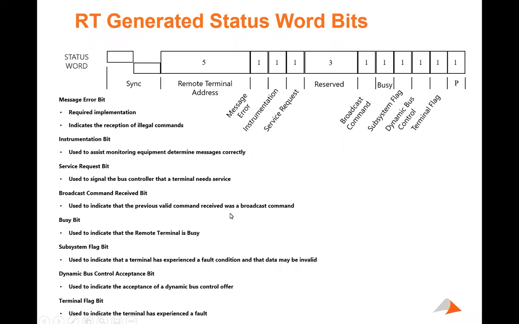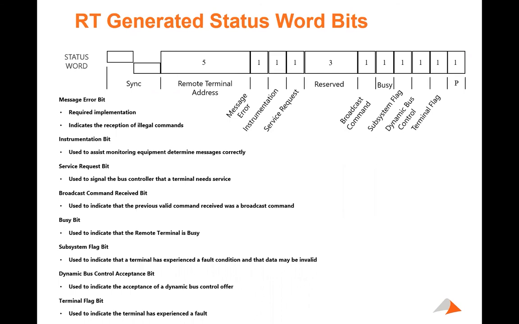Broadcast command received bit, and of course we just talked about exactly what that is. It's used to indicate the previous valid command received was a broadcast command. There's a message we haven't talked about here, but when the terminal address is set to all ones, the bus controller can transmit to basically a separate terminal address where the RT, if it's set up this way, can listen.